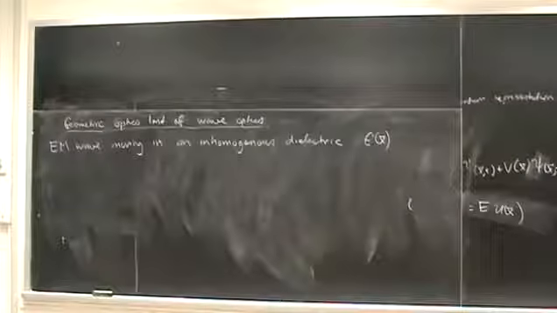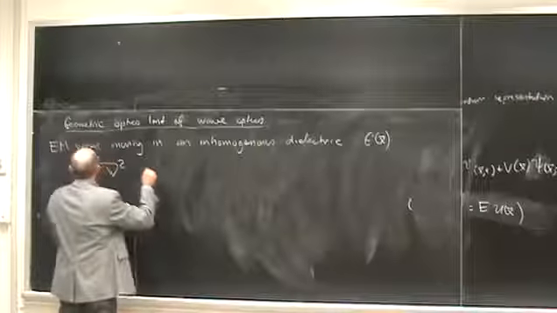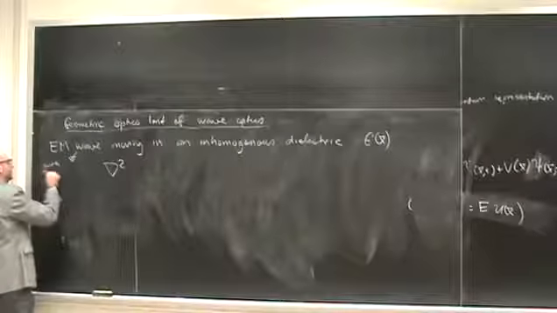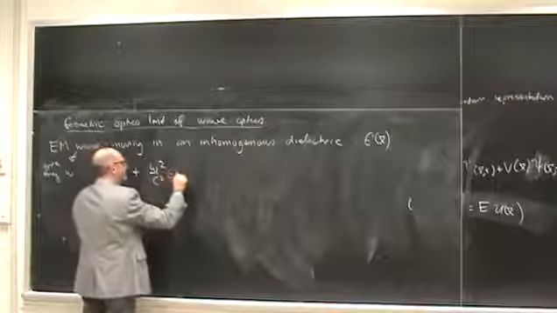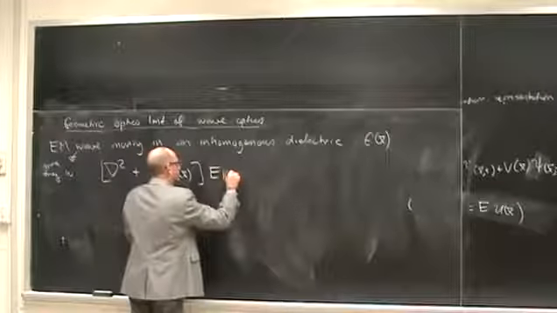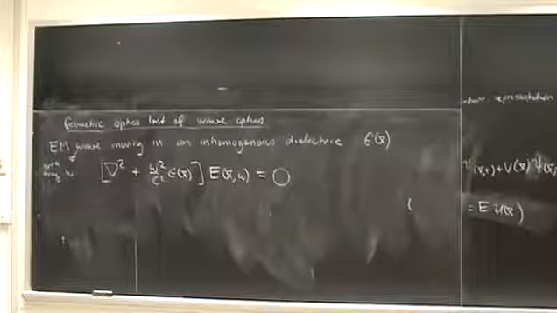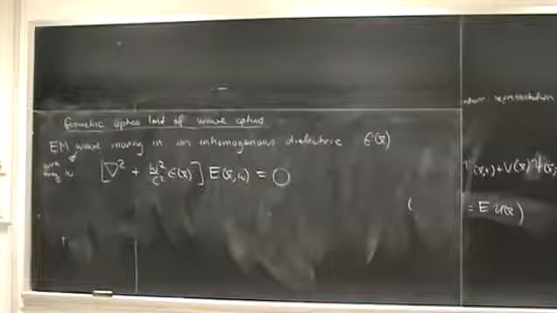You go through Maxwell's equations, you get the following. Let's say this is a wave with frequency omega. So let's just talk about the time independent case. That's the equation. Now, generally, you have to solve that with the boundary conditions. It's not an easy problem to solve.